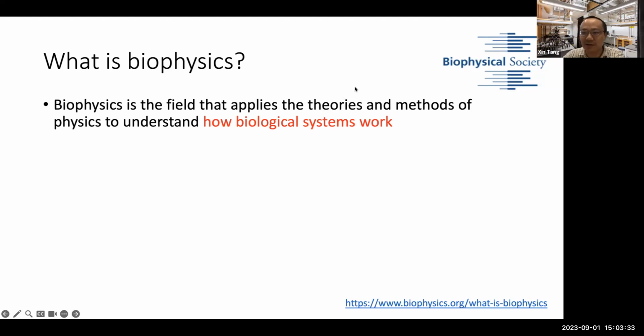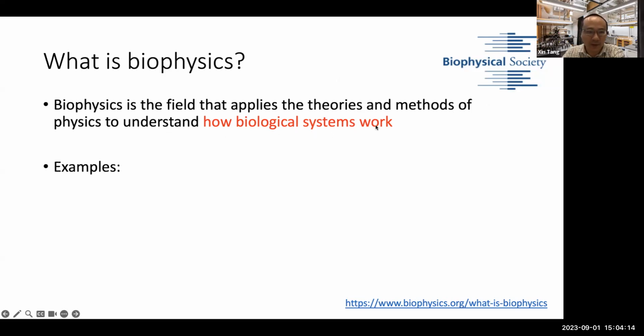The physics theory contains optics, electromagnetic theory, and thermal theory, because the different physics derived from the macro world also exist in the micro and nano world. So the laws there are still applicable to the cell and subcellular regions, and also the methods of physics, the different technologies, are used to understand how biological systems work.